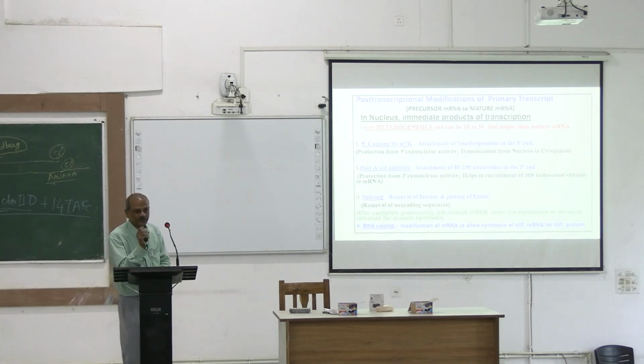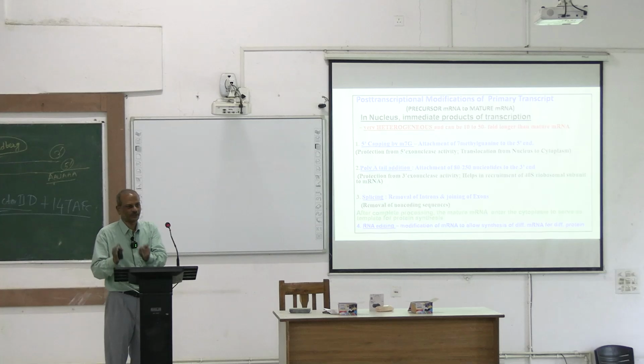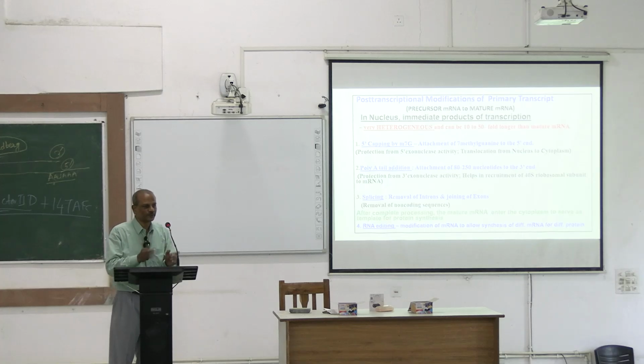So post-transcriptional modification, I have told you earlier, you remember this 5' 7-methyl guanosine capping, then poly A tail addition, to protect from 5' exonuclease activity, to protect from 3' exonuclease activity, to confer stability, and to allow the mature mRNA or almost mature mRNA to come out from the nucleus into the cytoplasm to function properly, because ultimately tRNA, rRNA, mRNA and other RNAs will function mainly in the cytoplasm itself.